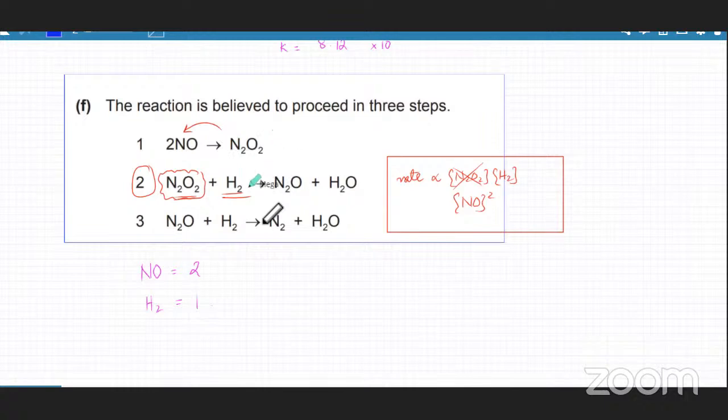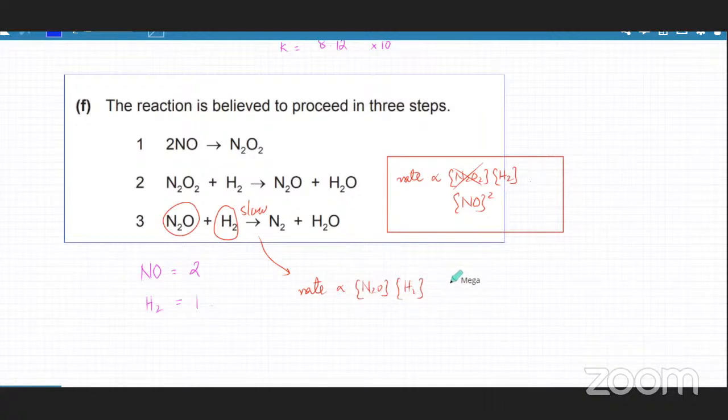And although it's not required, we can also test out what if step 3 was the slowest. If step 3 was the slowest, then what would be your rate equation? It would be dependent on these two things: the rate of the reaction would be dependent on N2O concentration and on H2 concentration.